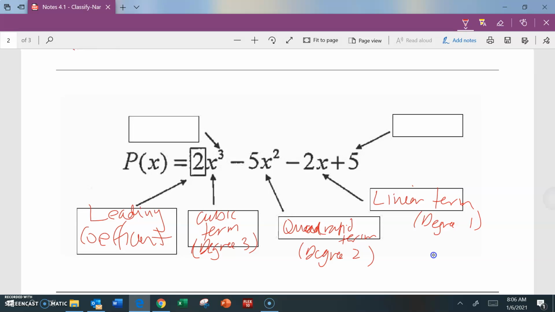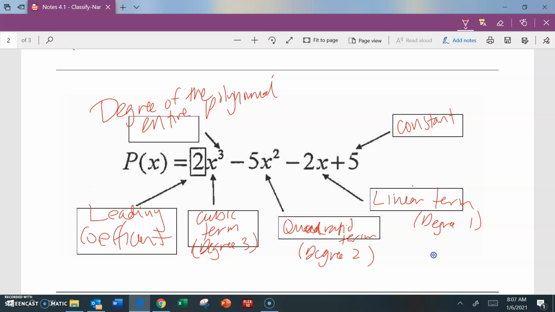This 5, our plain old number, remember, is called a constant. And then what it's pointing to is this x to the third. This is really pointing to the degree of the entire polynomial.